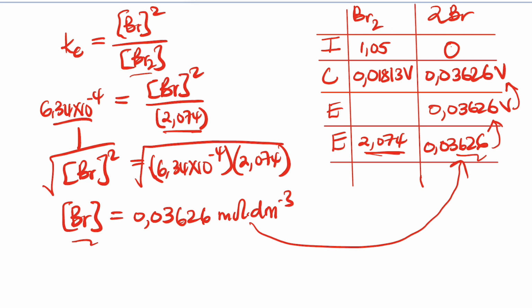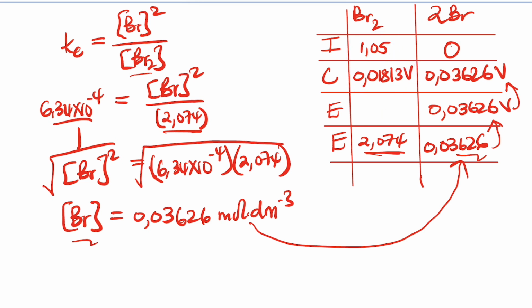Here we normally say the initial minus the amount used gives us that. But in this case, in order to get this amount, we need to say this minus this. It's going to give us that amount.